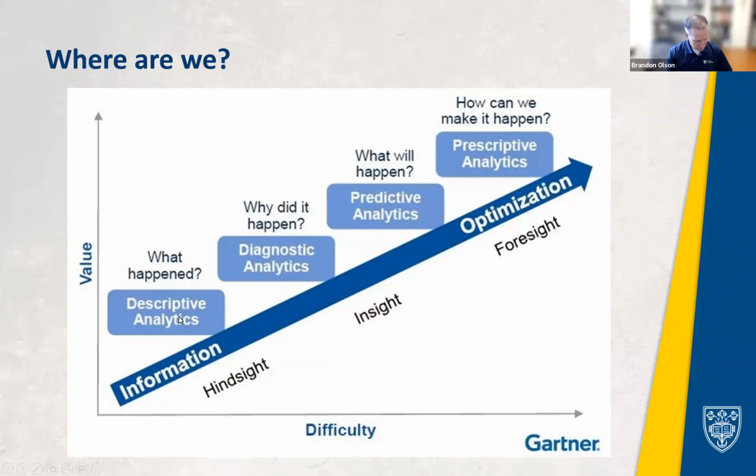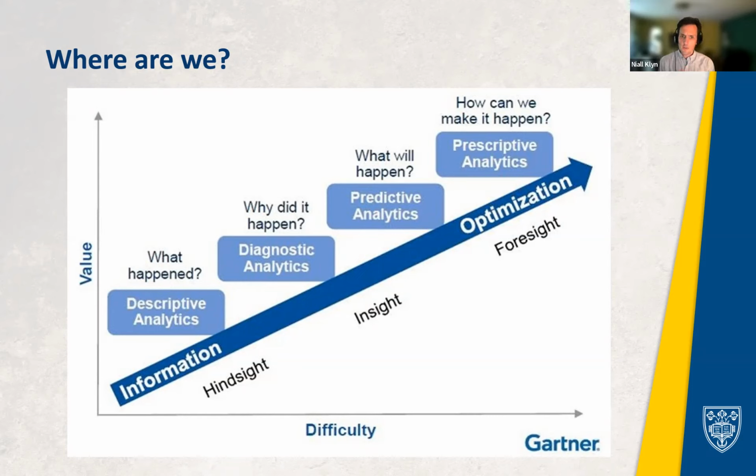And you can see the idea here is that descriptive is lowest value and also lowest difficulty. Going up the chain, diagnostic, why did it happen? Predictive, what will happen? And prescriptive, this has the how can we make it happen? A lot of times it's more like, what is the best action to take given your analysis? Or sometimes even further, making the decision based on the analysis without a human in the loop sometimes. That really gets into that optimization idea.